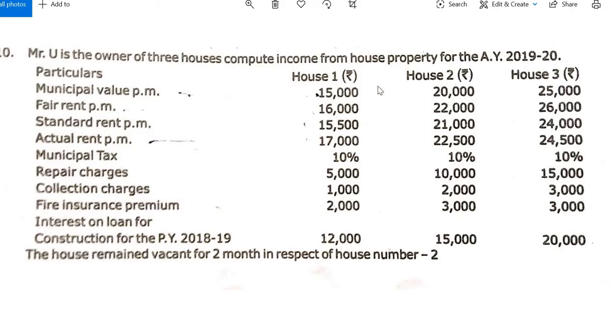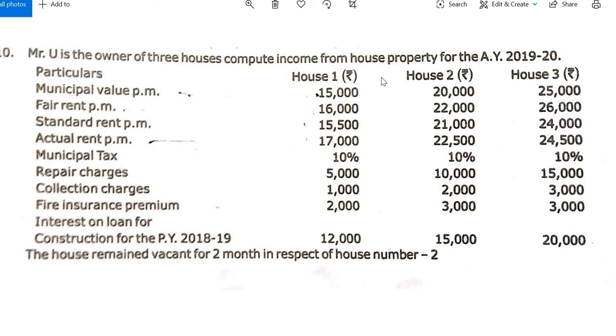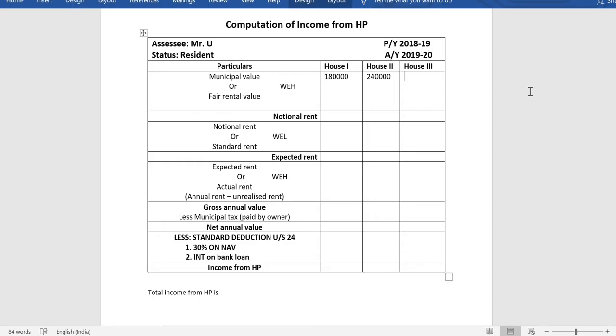Then the second one, 20,000 into 12, you will get 2,40,000 rupees. Then the third one, 25,000 into 12, you will get 3 lakh rupees. Please all of you use your own calculator and calculate.